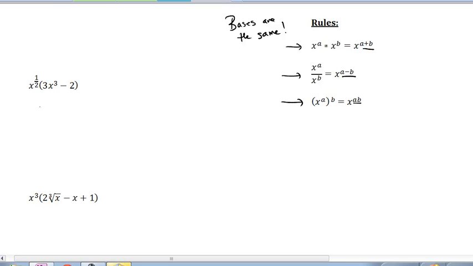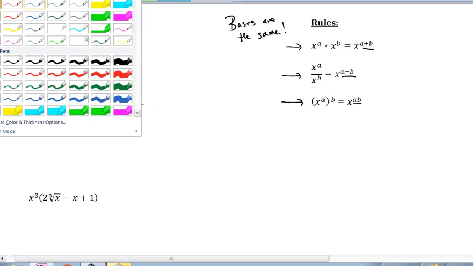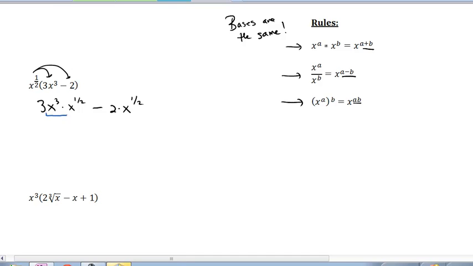When I come over here now to the next example, I have a slightly more complicated set of terms. But it's still my job to remember that I'm distributing that x to the 1/2 to both things inside the parentheses. So it's 3x cubed times x to the 1/2, minus 2 times x to the 1/2. We all know commutativity of multiplication means I can do this multiplication first and leave the 3 off by itself.